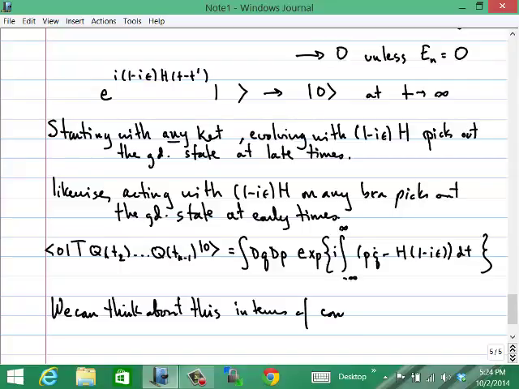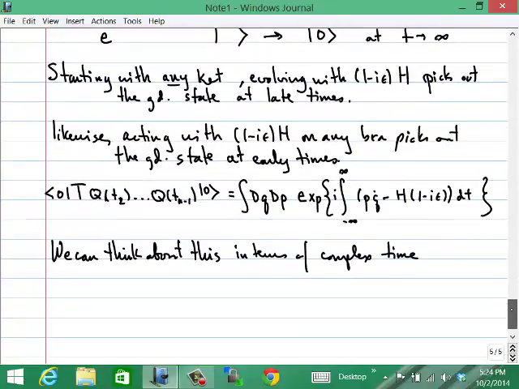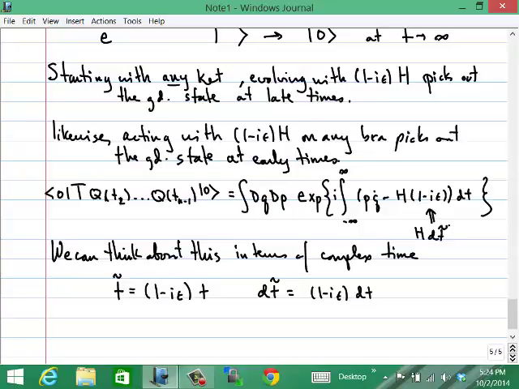In particular, if you just make the change of variables, so you define some new time coordinate, t tilde, which is (1 minus i epsilon) t, then you can see that dt tilde is (1 minus i epsilon) dt, so that this term here is just H times dt tilde.